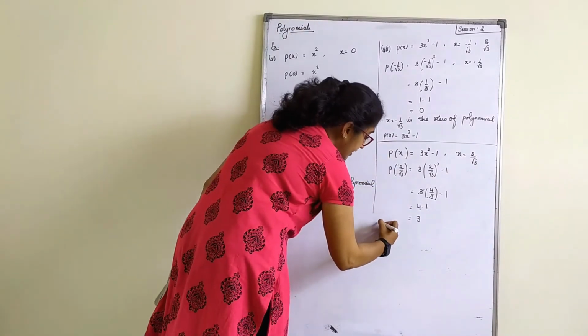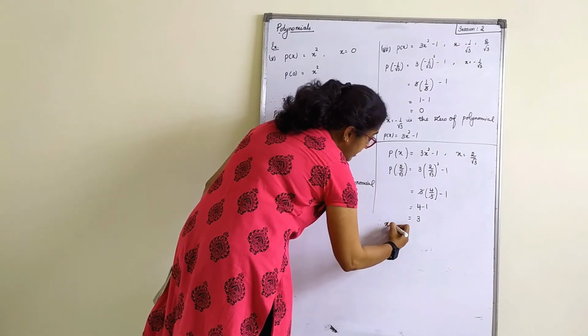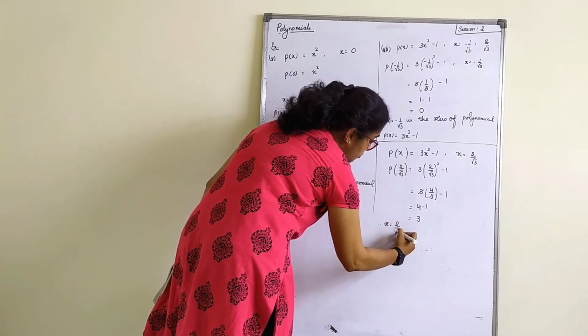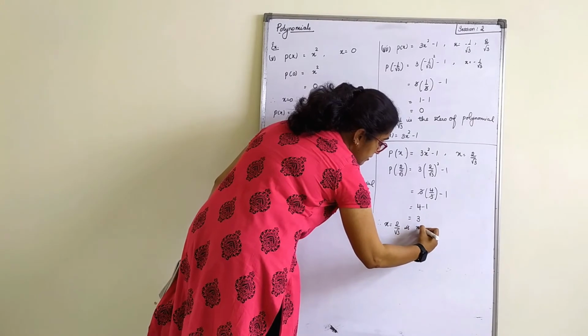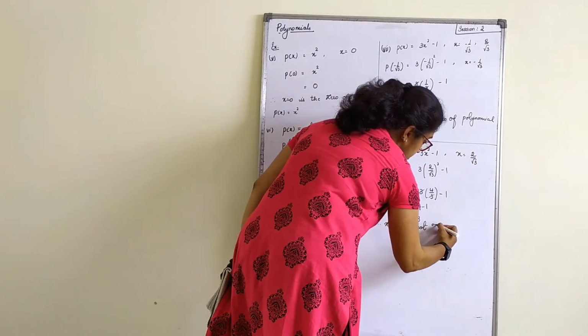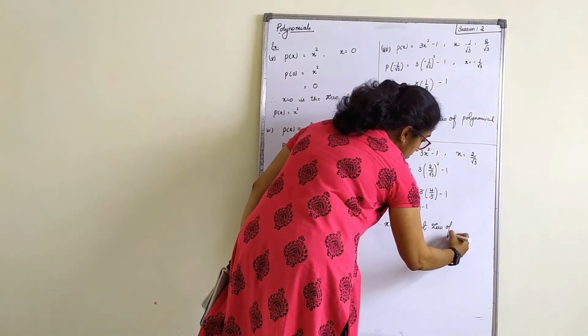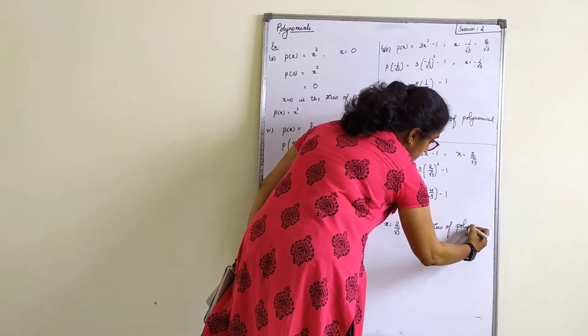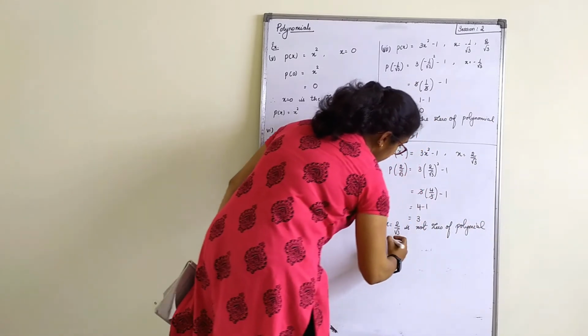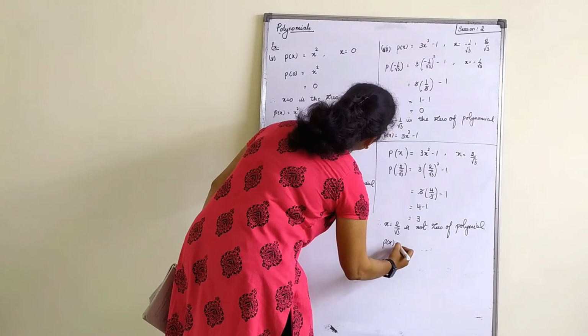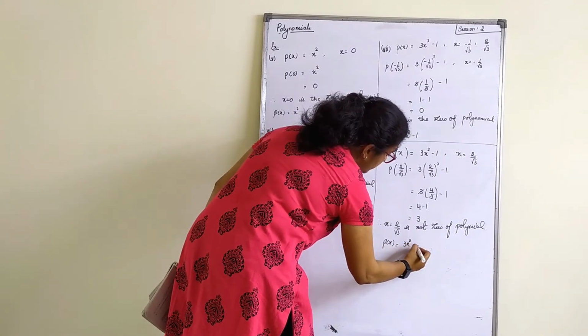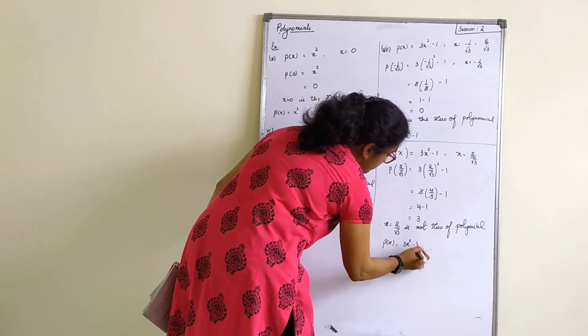No. So I will write here, therefore x is equal to 2 by root 3 is not a zero of the polynomial p of x is equal to 3x square minus 1.